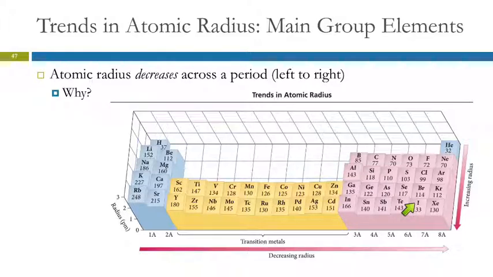But if you're comparing this with sodium, which is way over here, we've got a whole bunch of going across happening and only a little bit going down. So there, the going across was more important. Sodium's actually bigger than iodine.